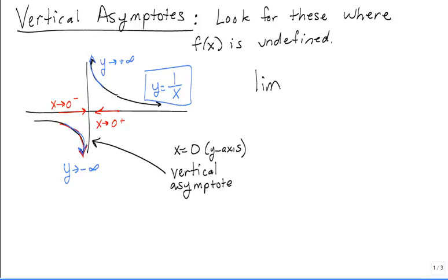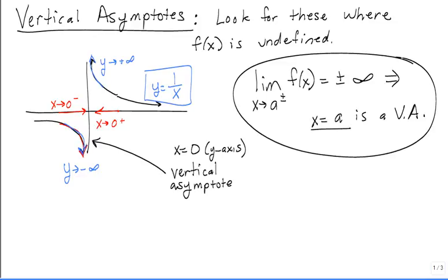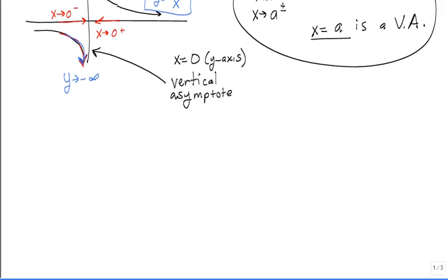So if the limit as x approaches a number from the right or left is plus or minus infinity, then that means a is a vertical asymptote. x equals a is a line. Okay, so that's pretty much the definition. And again, you check where the function's undefined.